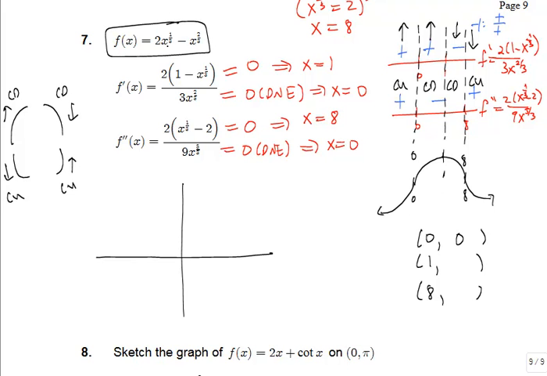If I plug in 1, I'm going to get 2 times 1 is 2, 2 minus 1 is 1. And if I plug in 8, you actually end up getting 0 back again, because you get the cube root of 8, which is 2. 2 times 2 is 4, and then the cube root of 8 is 2. 2 squared is 4, so it's 4 minus 4. So we have a 0, 0. We have a 1, 1, and then we have an 8, 0.